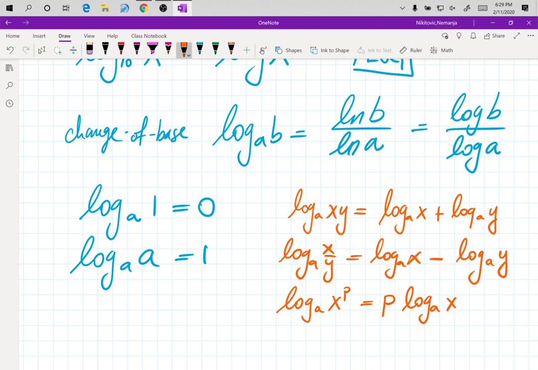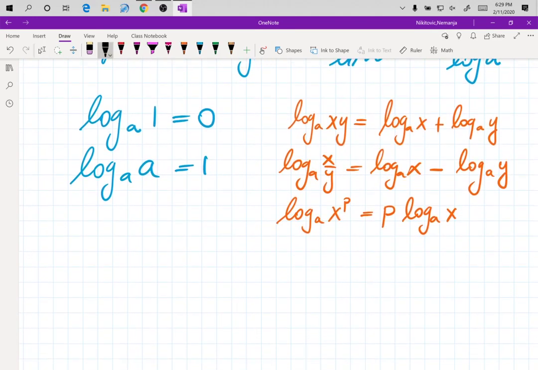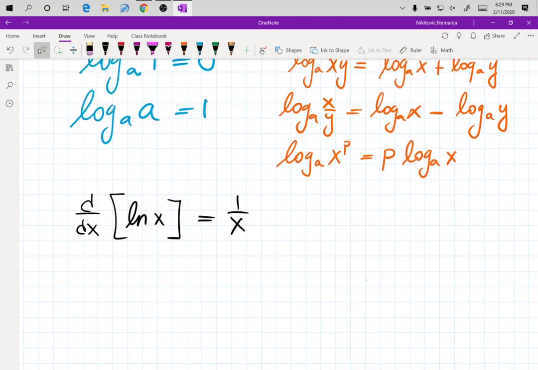So let's take a look at the derivative of ln x. Help me over here. Derivative of ln x is 1 over x. Awesome. How often do you see this? Almost never, right?